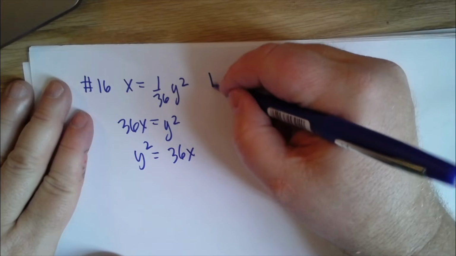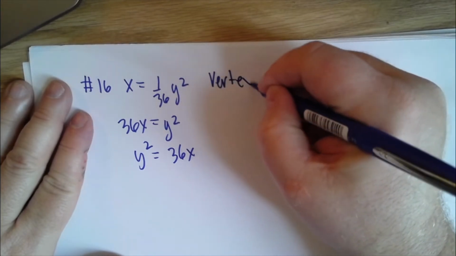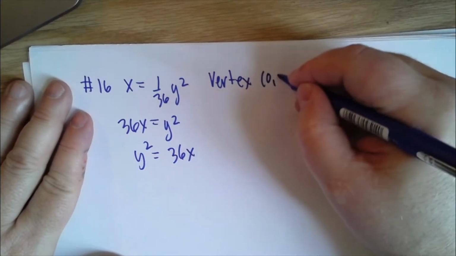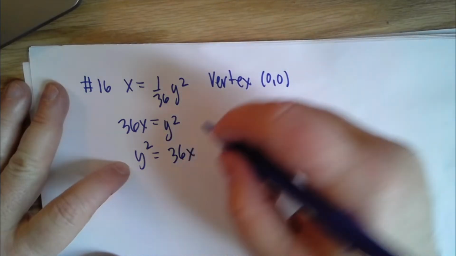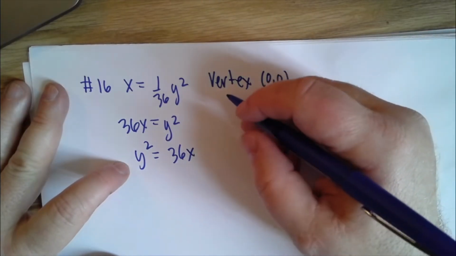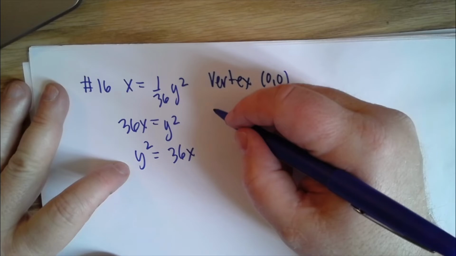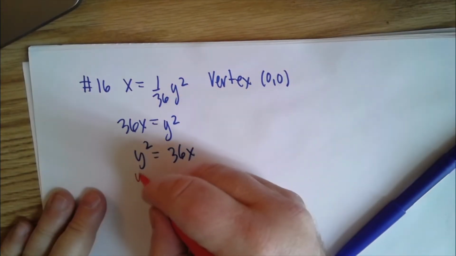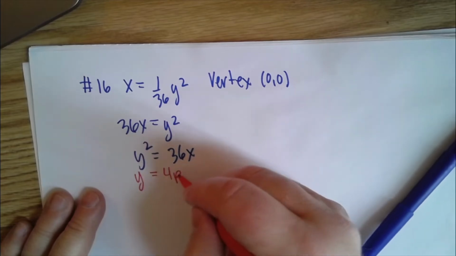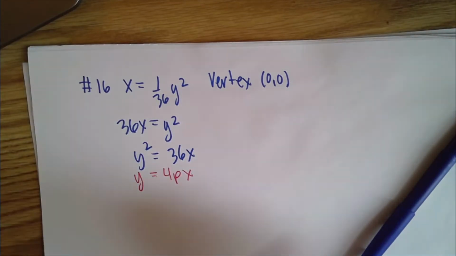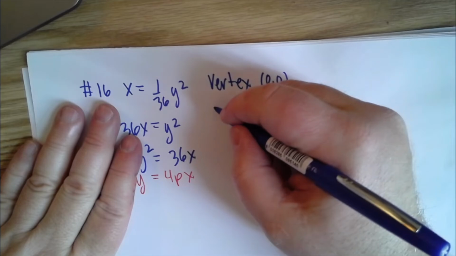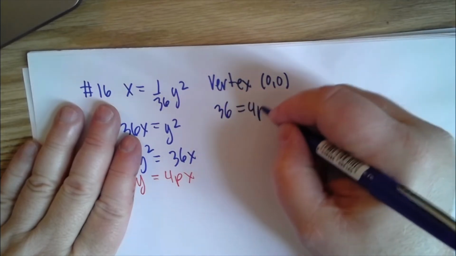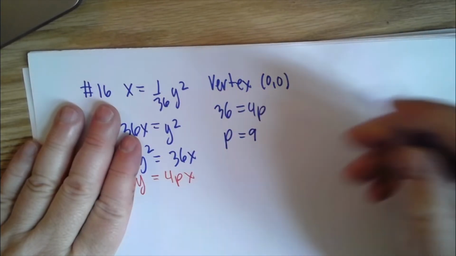Now, we know the vertex, because I'm not subtracting anything, is 0, 0. Now, for the focus and the directrix, we need to know the p. So this would follow y is equal to 4px. So we know that these two have to be equal to each other. So 36 equals 4p, p is equal to 9.